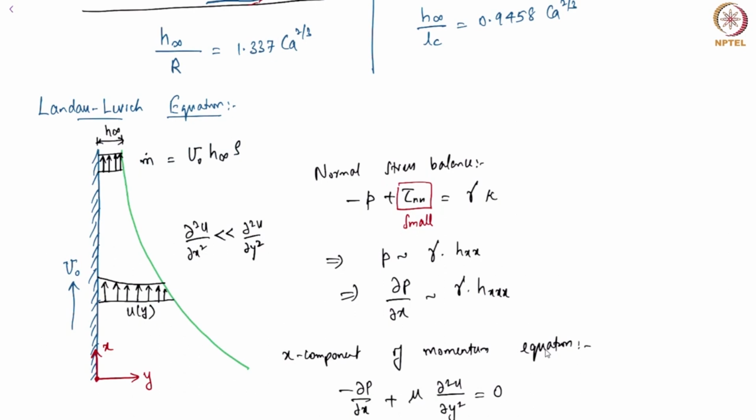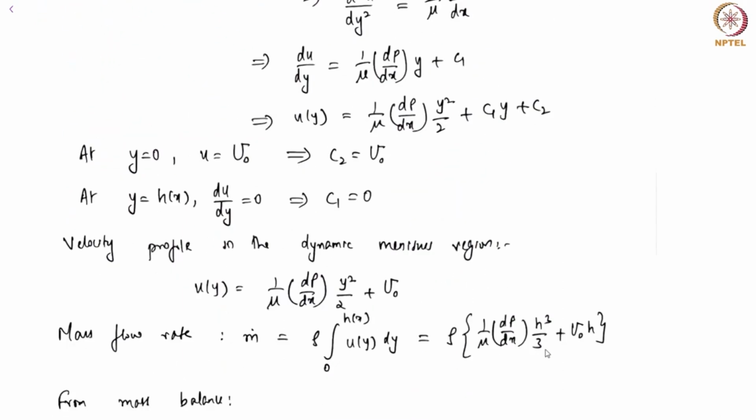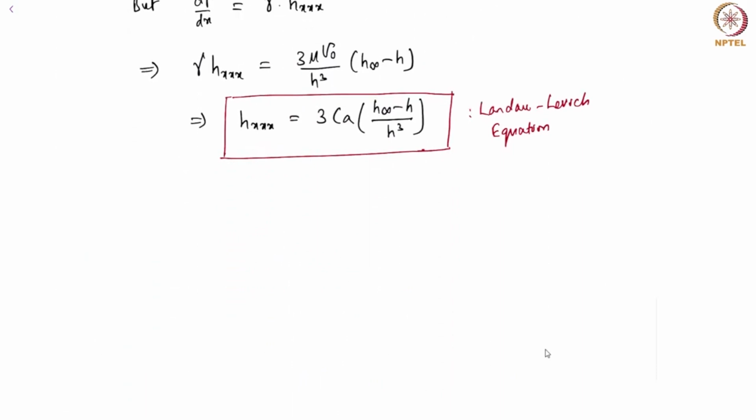Now, this is an equation to describe the thickness h of x in the dynamic meniscus. It's a third order nonlinear equation, right? So to solve this equation, we require a few boundary conditions.